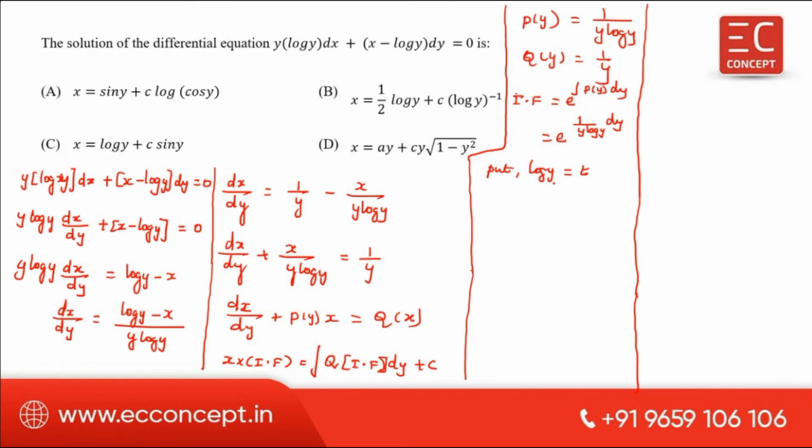Then differentiate with respect to y: 1 by y is equal to dt by dy. So you will get 1 by y into dy is equal to dt. Then you have to plug everything in this equation.